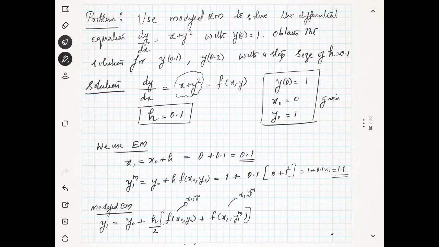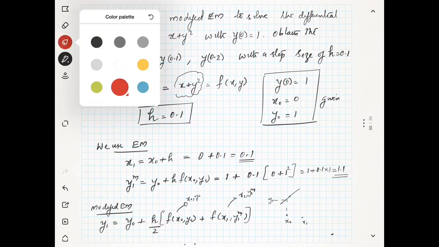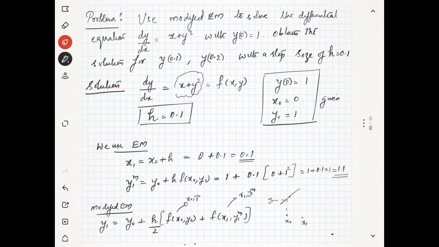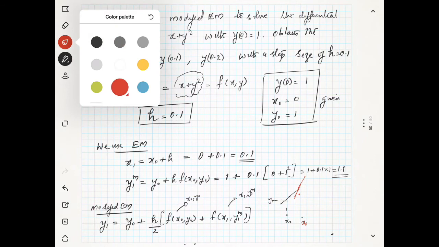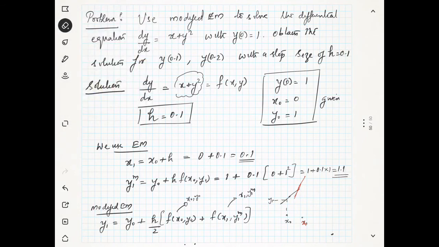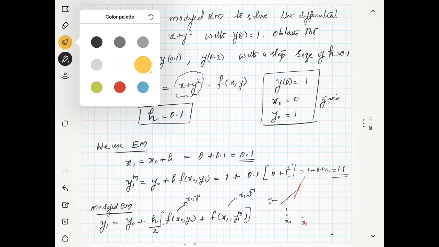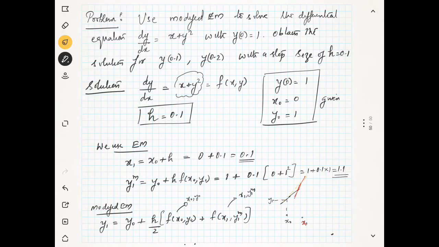At x0 and y0 we have a slope, and at x1 and our approximated y1 we have another slope, and we are going to take the average of these slopes, maybe somewhere here, and we will use this slope.